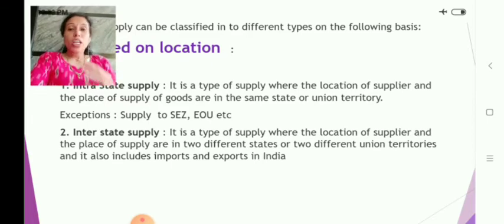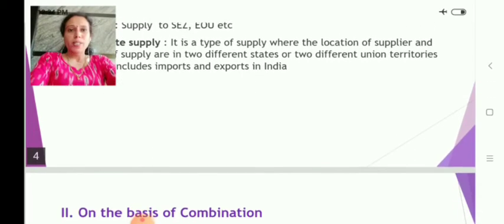Along with that, if we import goods from a foreign country or export goods to a foreign country, those international transactions are also considered as interstate supply. So, intrastate supply is within the state or within the union territory, and interstate supply is between states, between union territories, or between a state and a union territory, and also includes export as well as import of goods or services.